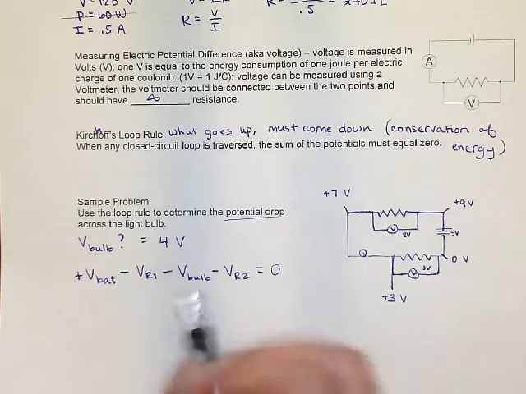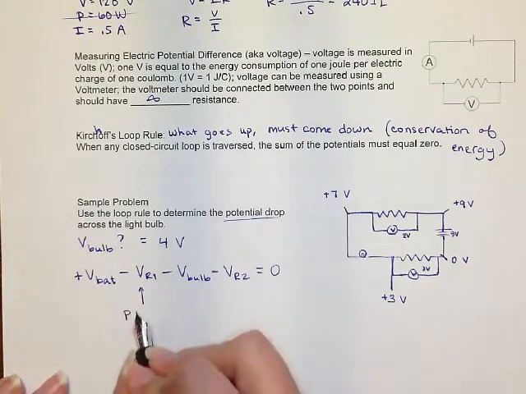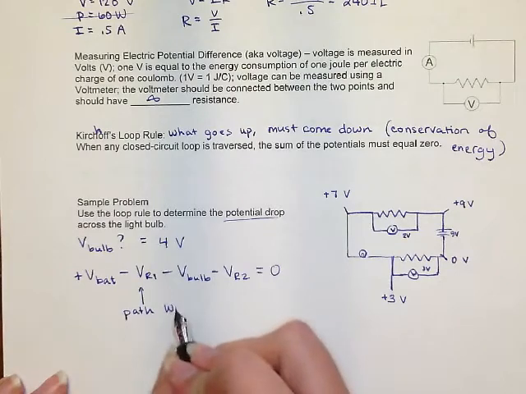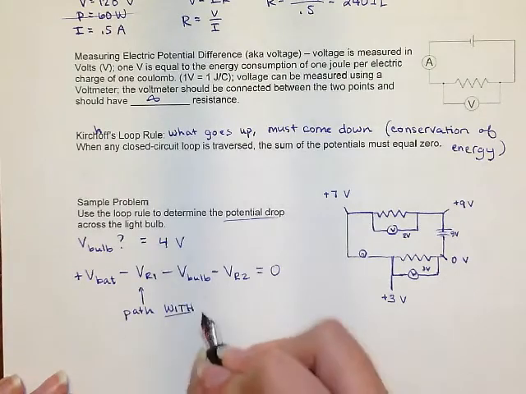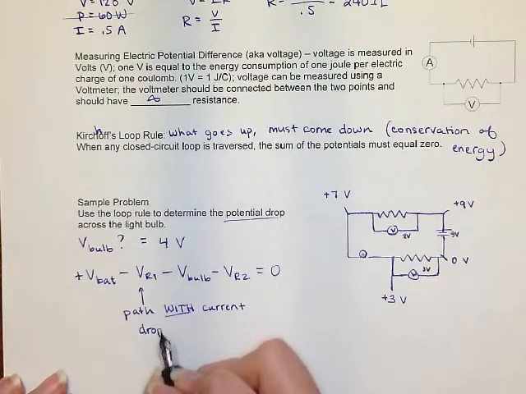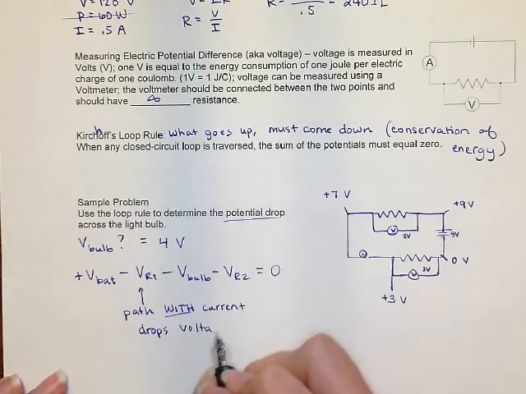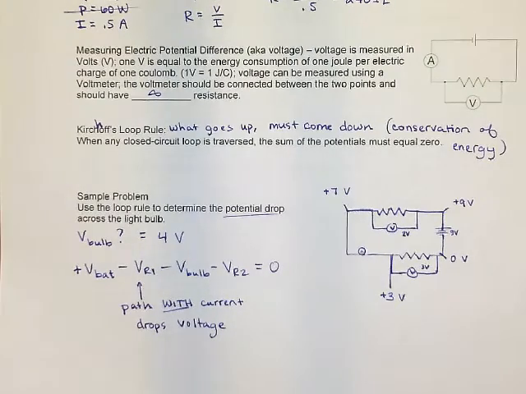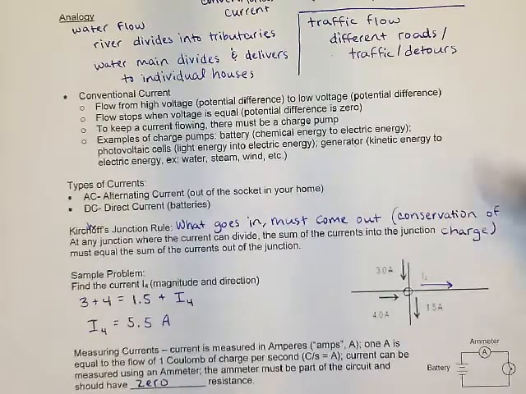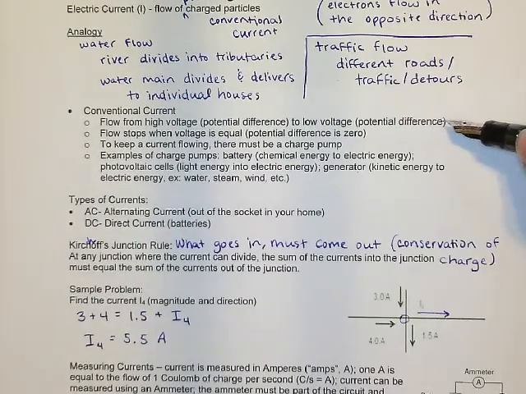The reason why these are negative: if your path is with the current, you will drop, as in reduce, the voltage. Conventional current flows from high voltage to low voltage.